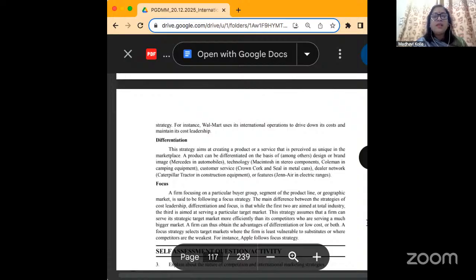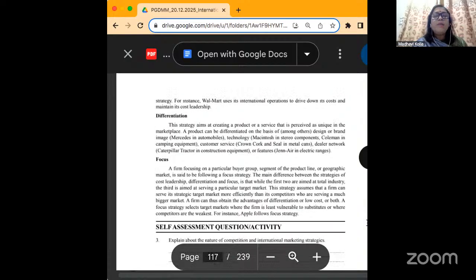Customer service like Crown Cork and Seal in metal cans, dealer network, Caterpillar tractor, or features like GE in electric ranges. There are a number of such companies which exist and have made their mark in the international market already with their product offering.